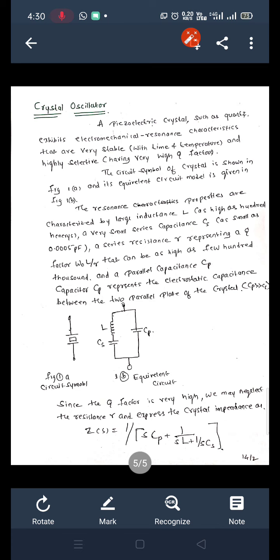It is highly selective, meaning it has a very high Q factor.